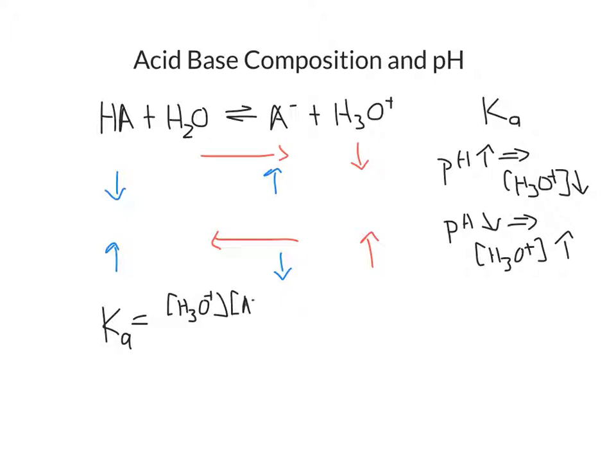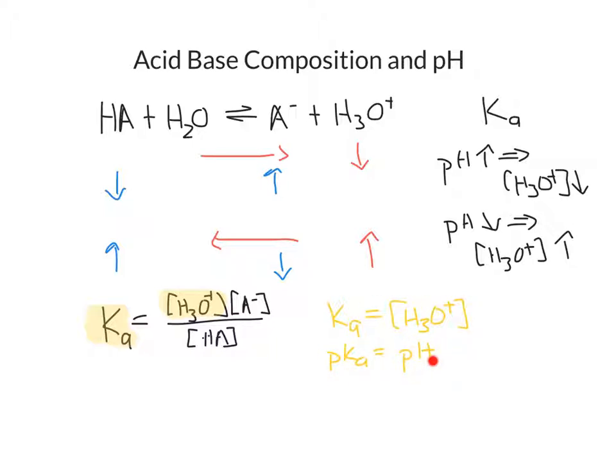If we think about the expression for Ka, it's equal to the concentration of H3O+ times the concentration of the conjugate base divided by the concentration of the conjugate acid. If I happen to have an H3O+ concentration that is equal to my equilibrium constant, in other words, if Ka is equal to the H3O+ concentration in my solution, I know that pKa is equal to pH. So take minus the log of both sides of this equality, and pKa equals pH.